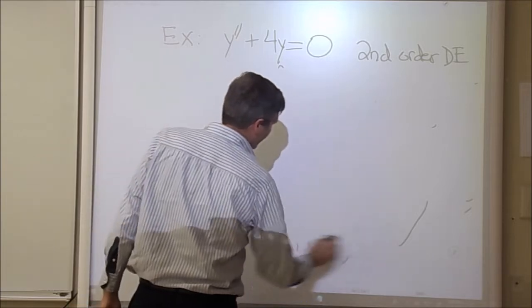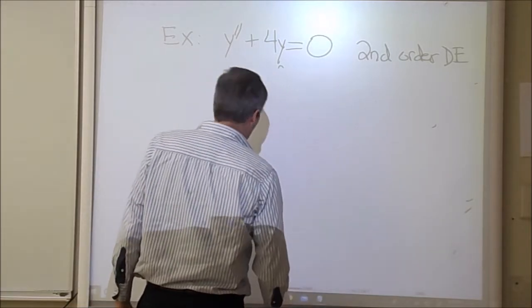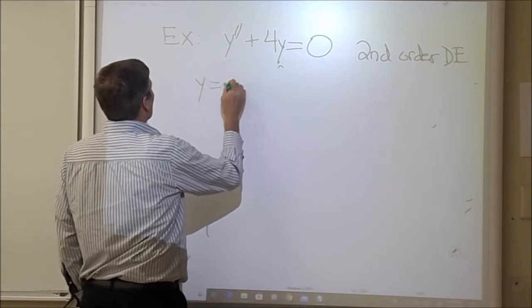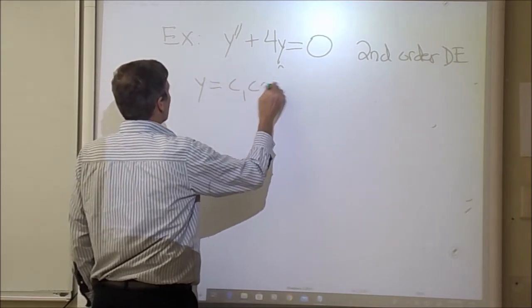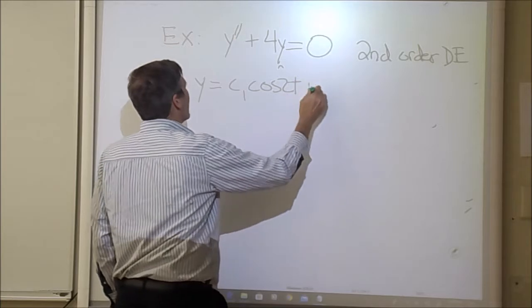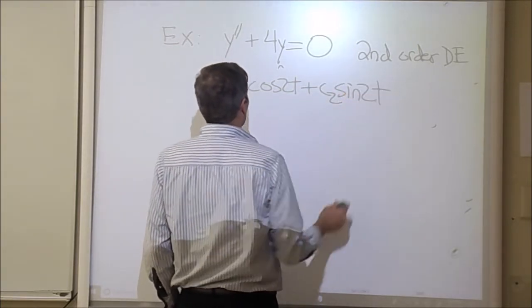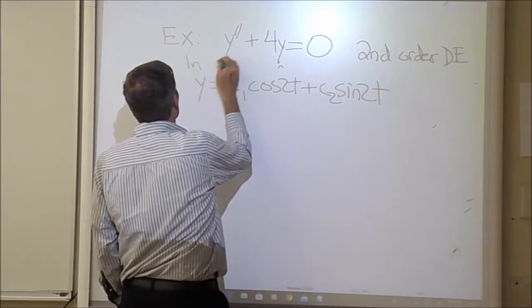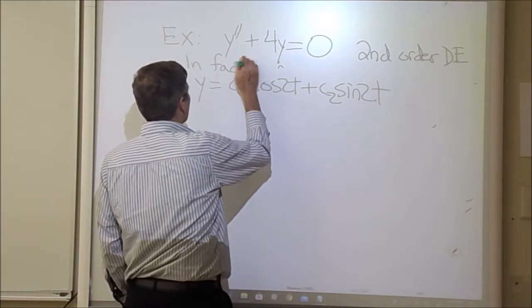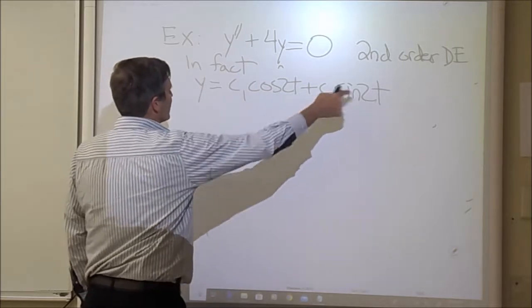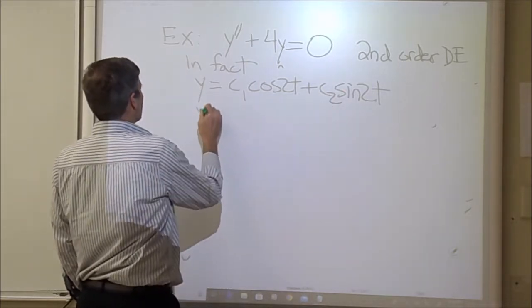And in fact, you can show in differential equations class that any function c1 cosine 2t plus c2 sine 2t is a solution. You can plug this in with arbitrary constants in it. So if you take c1y1 plus c2y2, this is a solution.